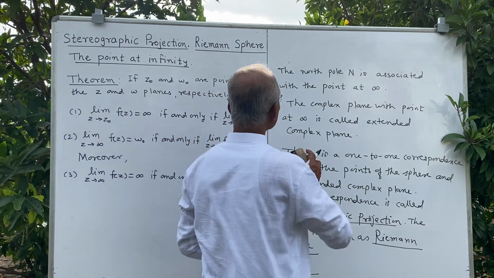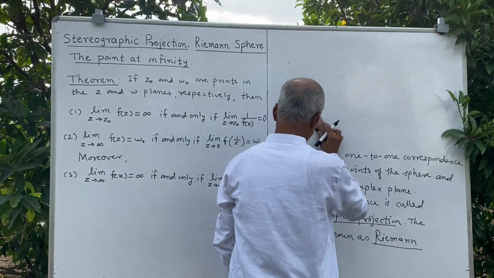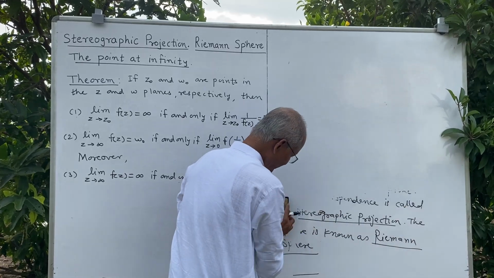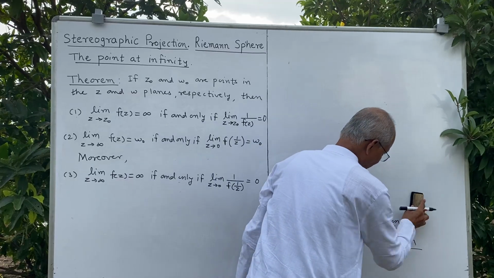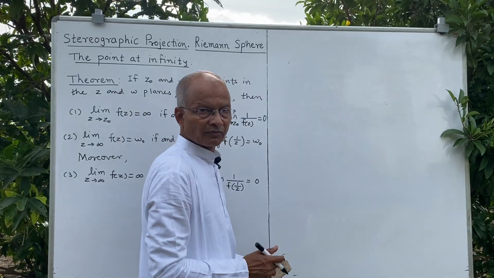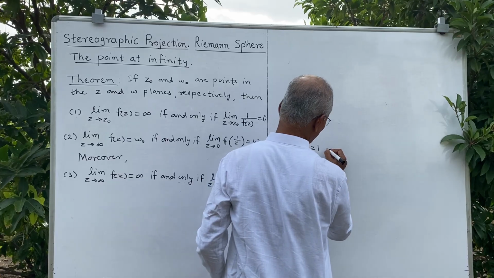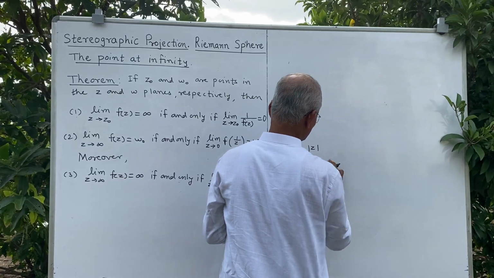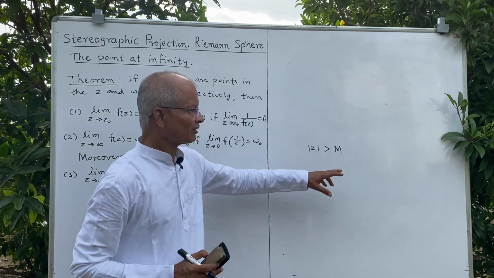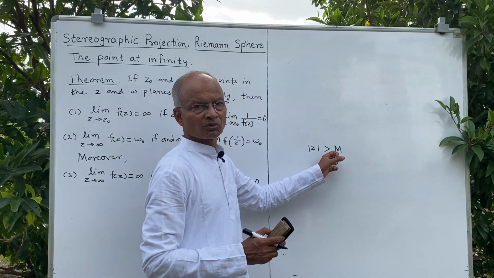Now, we shall see again the meaning of z tends to infinity. Earlier we have seen in stereographic projection that the point at infinity is associated with the north pole, and that means the point moves farther from the origin. If the point moves farther from the origin, then mod z becomes bigger and bigger, greater than some number M, however large, and then we say z approaches infinity.